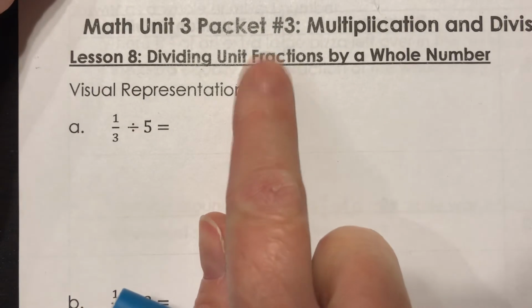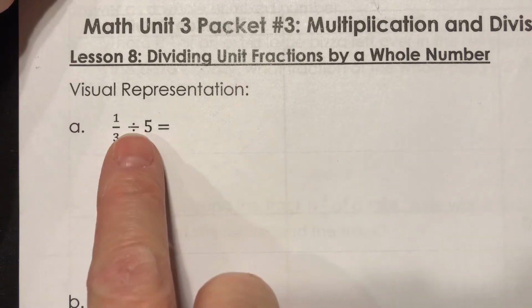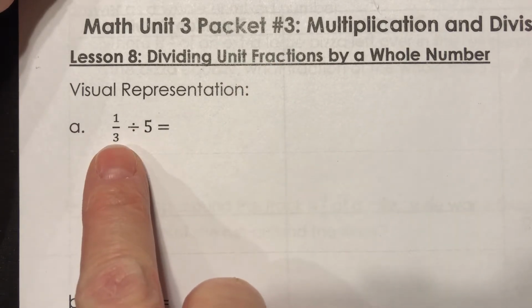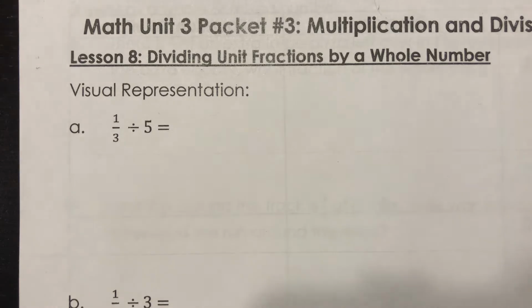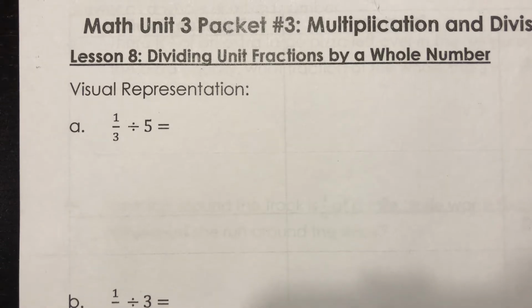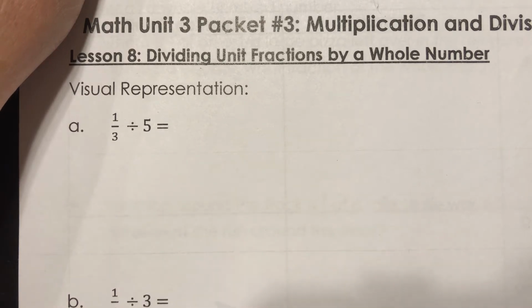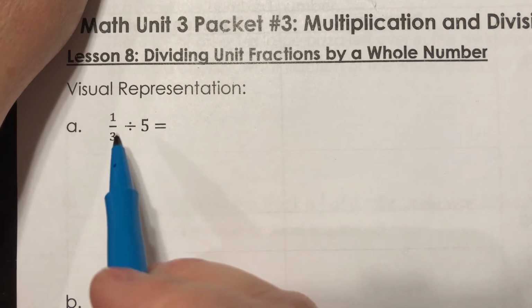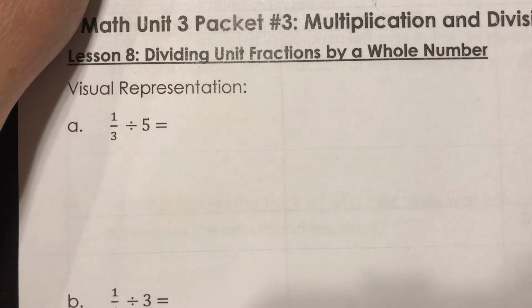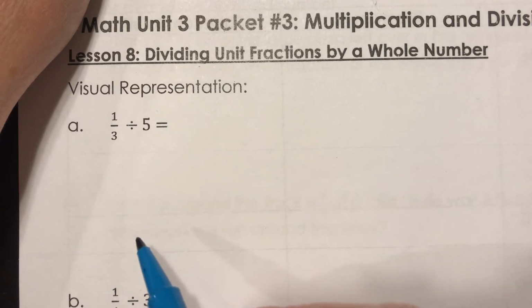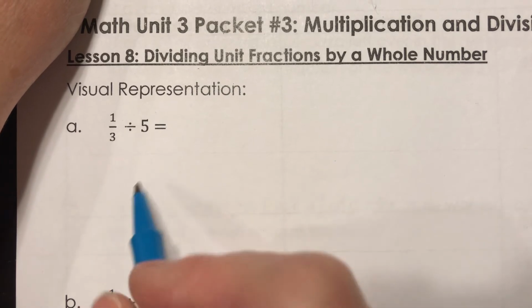So here's our first one. And again, it's dividing a unit fraction by a whole number. So that means we're starting with the unit fraction, and unit fractions have 1 as a numerator. So if I want to divide 1/3 by 5, I have to start out and I need to represent my 1/3, right? So how can we represent 1/3? Well, let's draw a nice big rectangle.